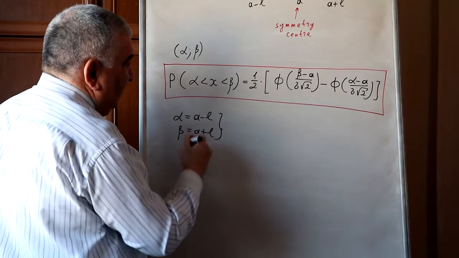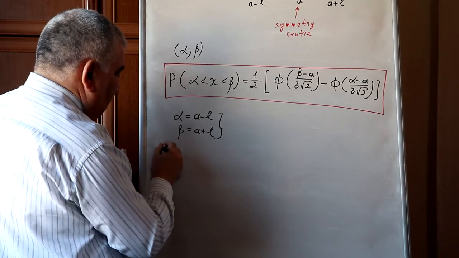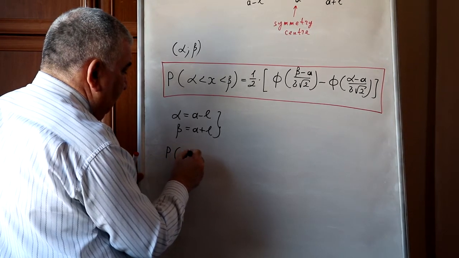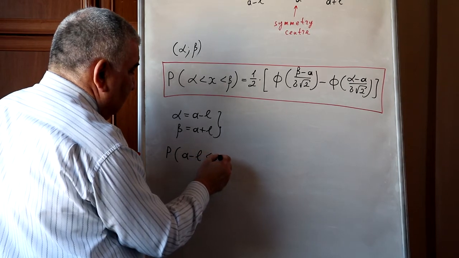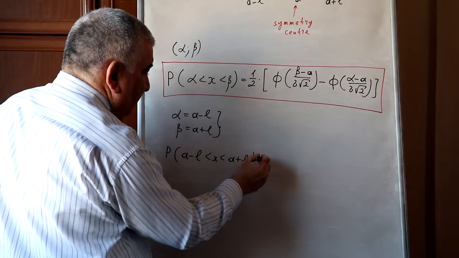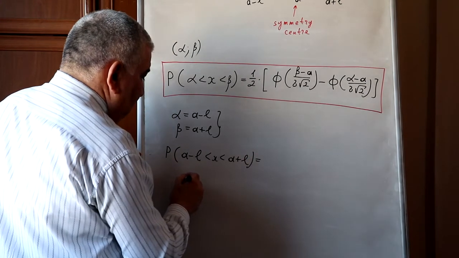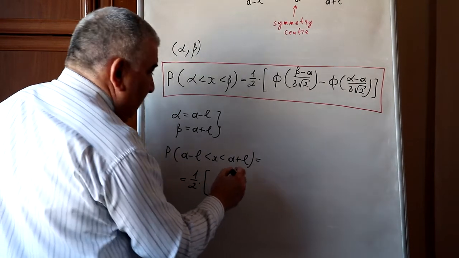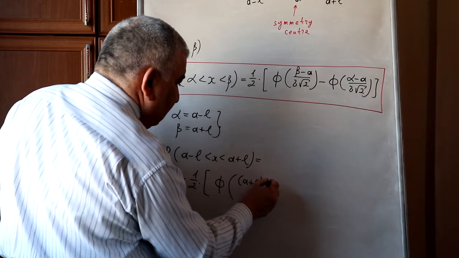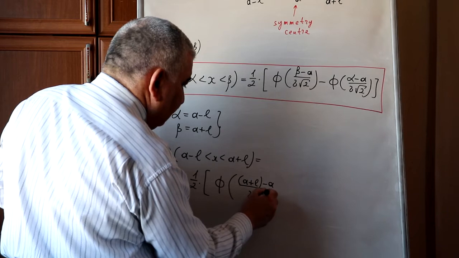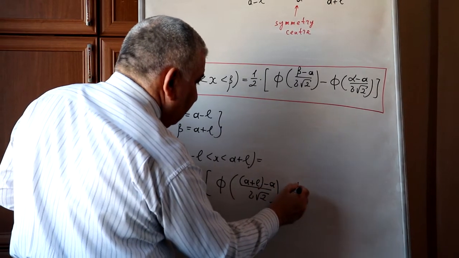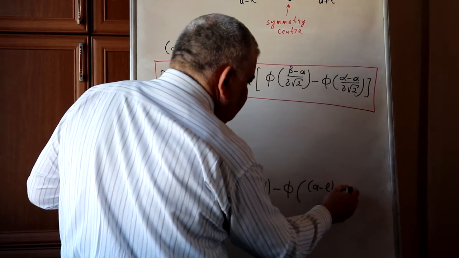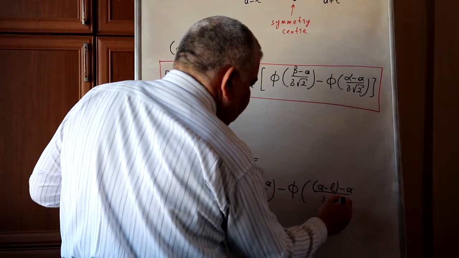Substitute instead of beta and alpha, then we will have p of a minus l is less than x is less than a plus l equals 1 second multiplied by phi capital a plus l minus a over sigma square root of 2 minus phi capital a minus l minus a over sigma square root of 2.